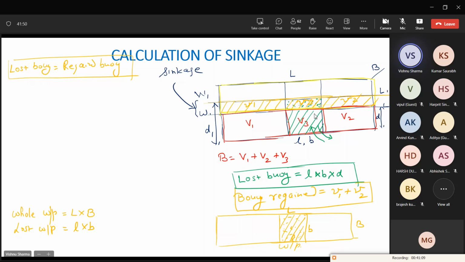And from the whole, whatever is lost, what remains we shall call the intact water plane, which in this case will be LB minus lb. Do you agree with me? Yes or no? Intact means whatever remains after the loss.